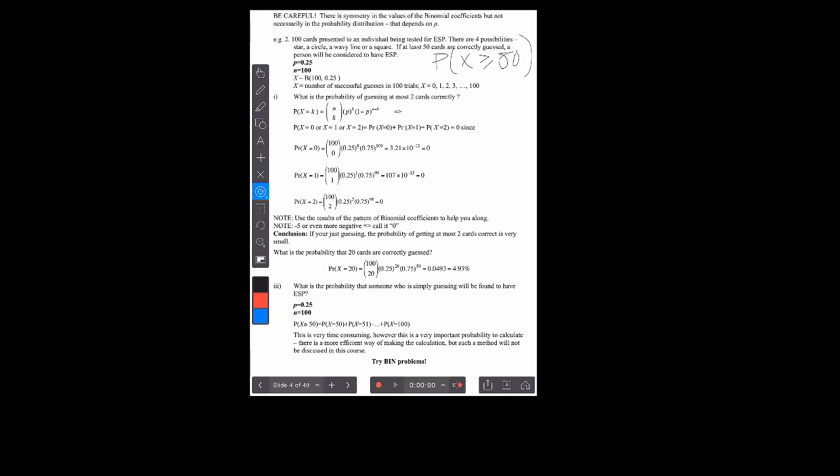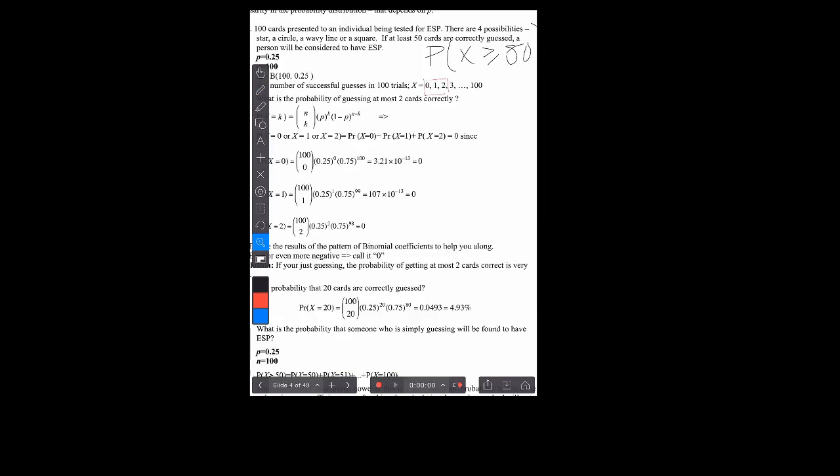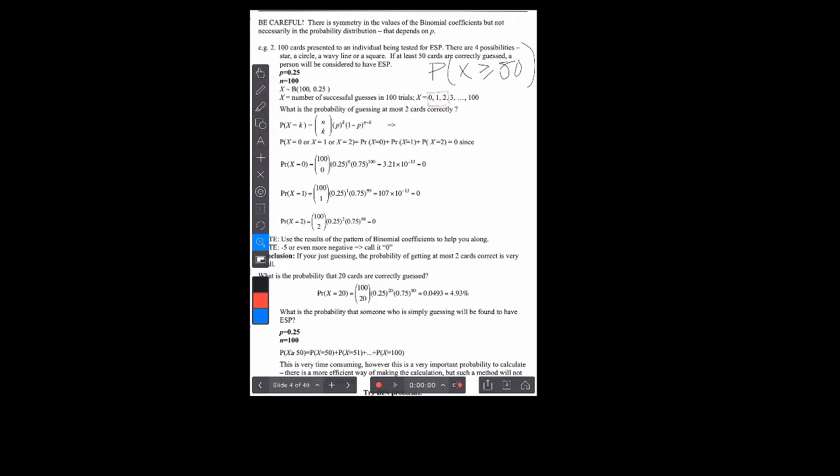Actually not 2, it says at most 2. So at most 2, where the possible outcomes are 0, 1, 2 up to 100, at most 2 would be just these ones here: 0, 1, and 2. Okay, so that's what you would be calculating.